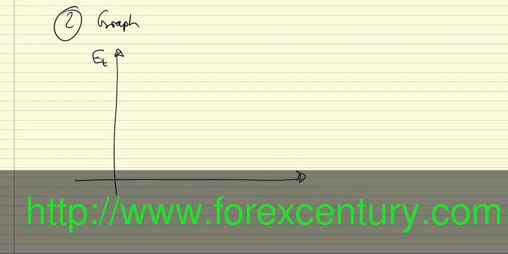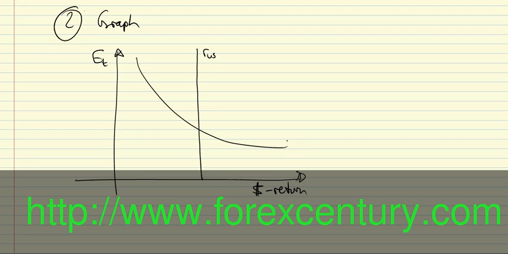So we have ET on this axis and the dollar return on both assets here, and we have RUS independent of the exchange rate and the expected return on the euro asset in this curve, E hat ET.